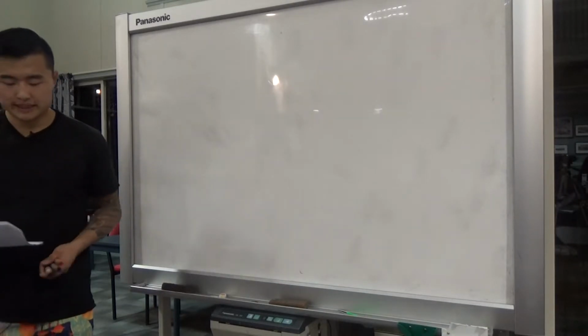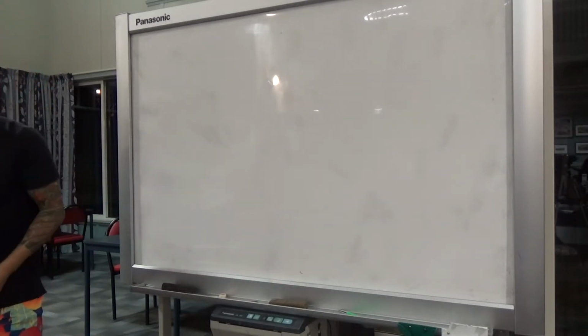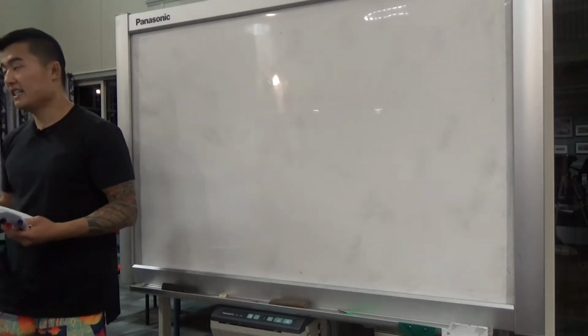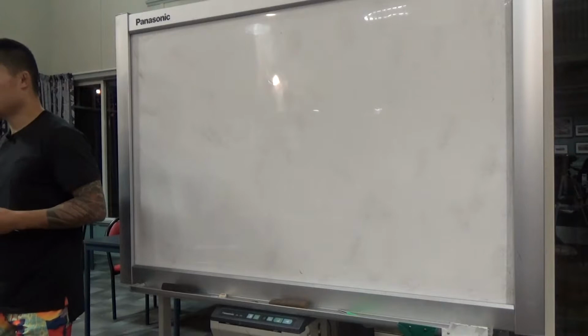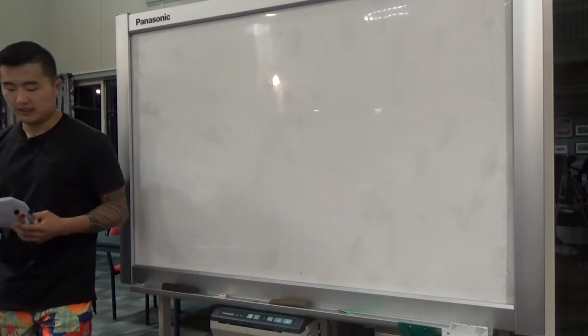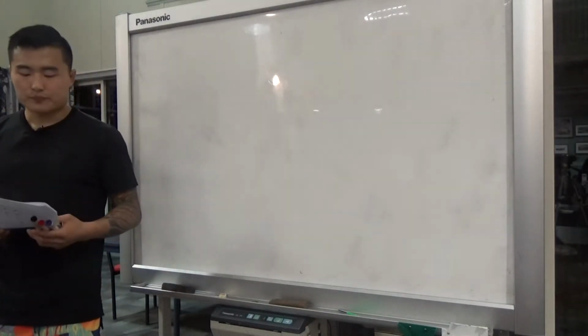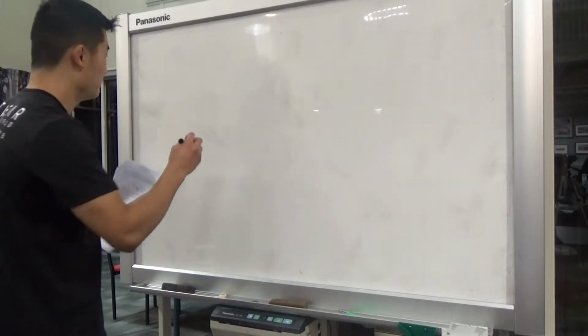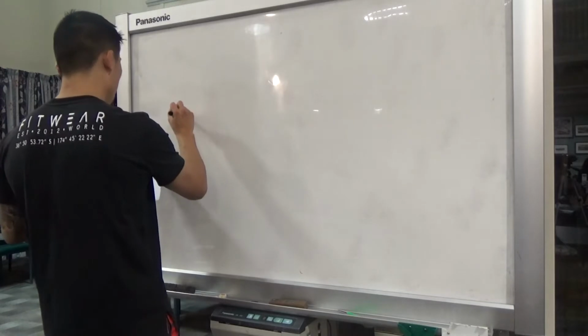All right, so number 6, we'll move on to capacitors. So basically what capacitors do is they store charge, and by storing charge they can store electrical potential energy. So in this case here we have a battery.